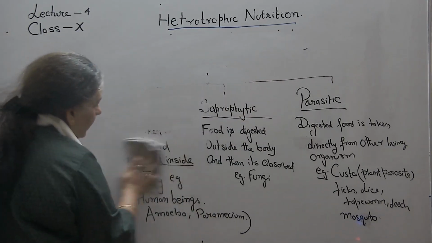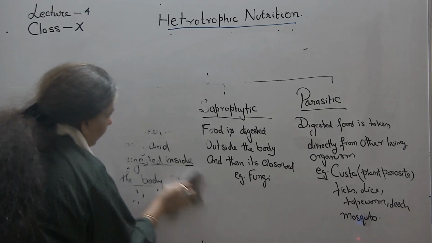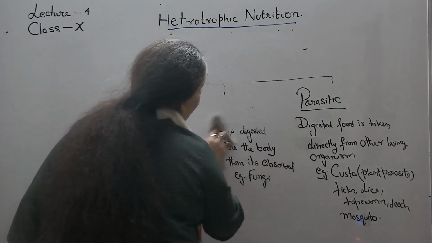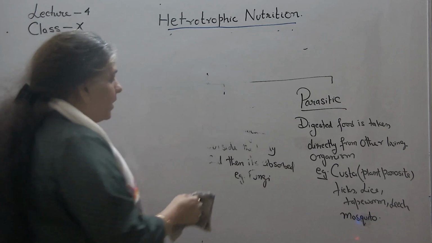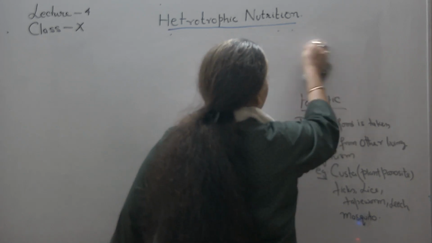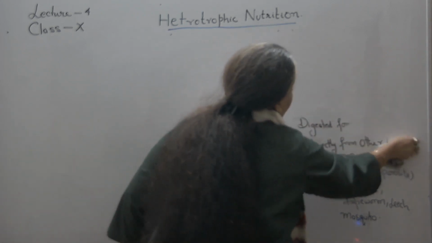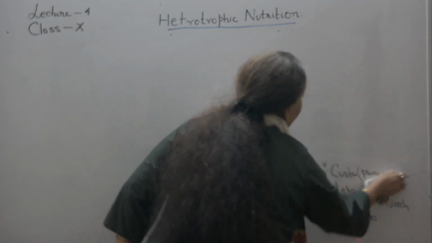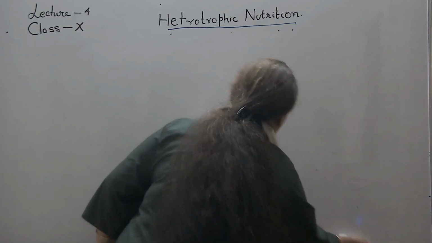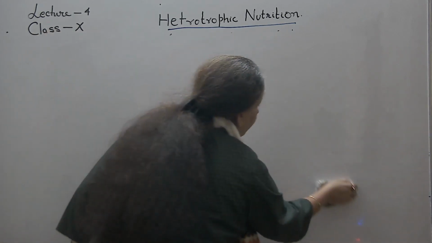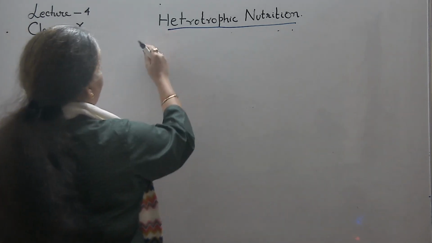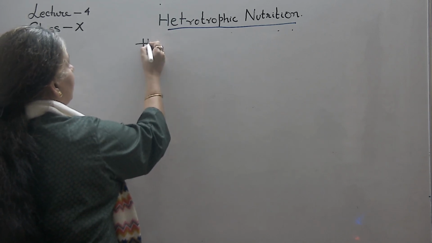When we are studying single-celled organisms, we need to understand that they have the simplest body type. Only one single cell is performing all the functions. So digestion is also carried out in that single cell. They don't have any specialized organs, unlike multicellular organisms. So we'll first take up holozoic nutrition in single-celled organisms.